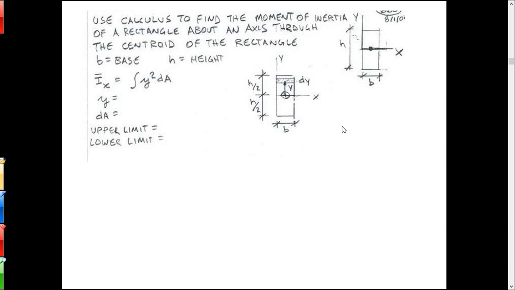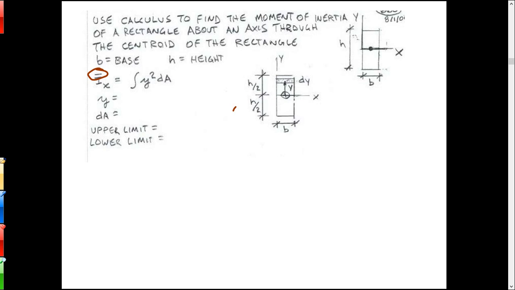Because what you do is you name the moment of inertia and you calculate the moment of inertia about a given axis. So the differential is parallel to the axis. So that if we're going to find I bar sub x, which means the moment of inertia of a beam about a centroid, about an x-axis running through the centroid.